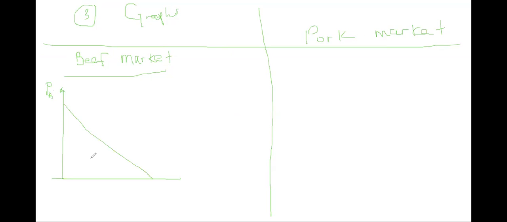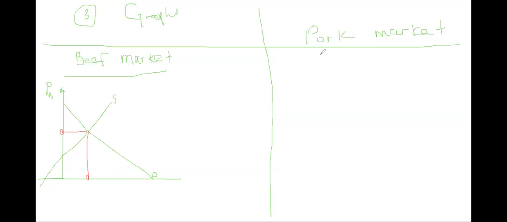Obviously, this will be supply. So where they meet, we have to know this. How do we calculate this? And how do we calculate this?